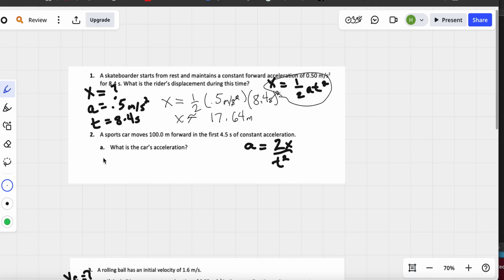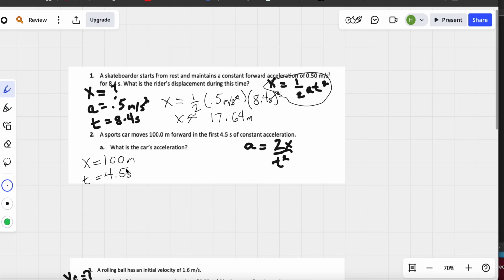So now all I have to do is say, well, x is 100 meters, and the time in question is 4.5 seconds.